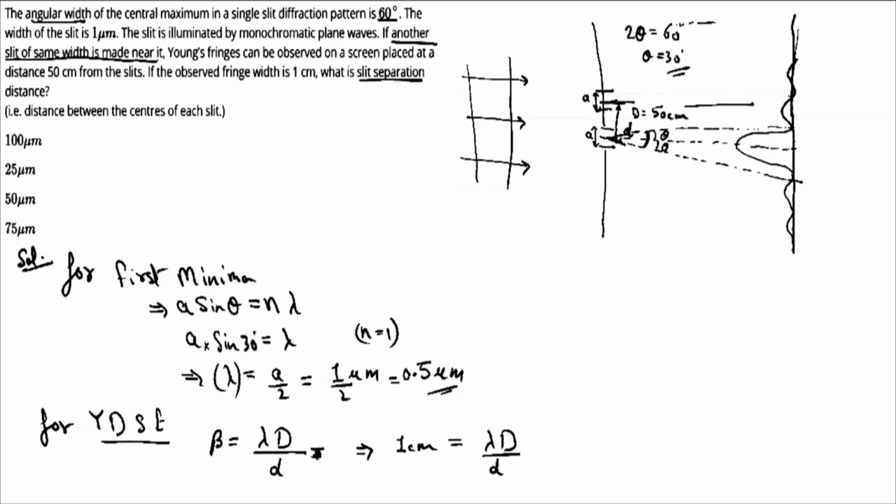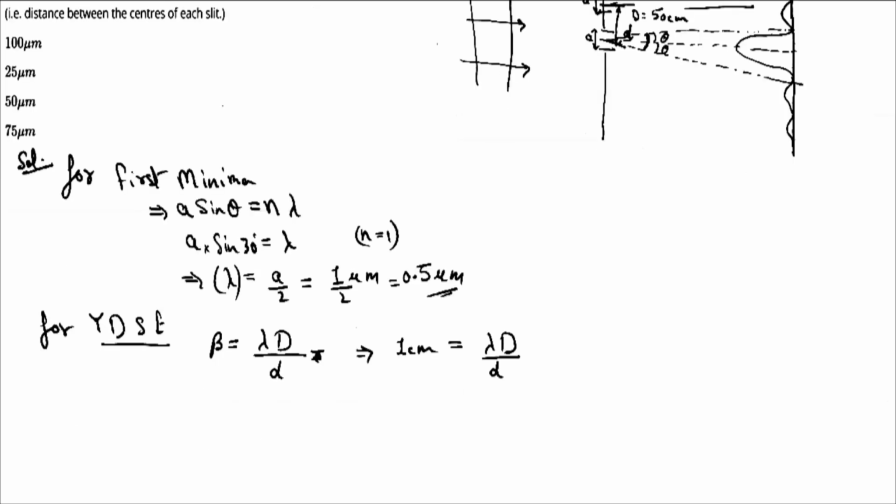Putting all values in standard form: 1 upon 100 meter equals 0.5 micrometer, that is 0.5 into 10 to the power minus 6 meter, into D, which is 50 centimeters, or 0.5 meter, divided by d.